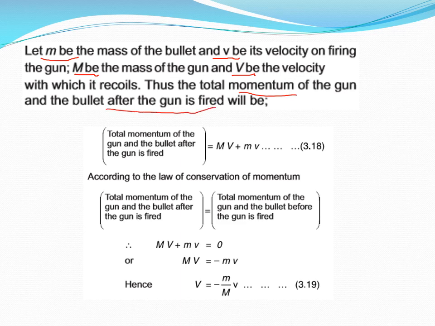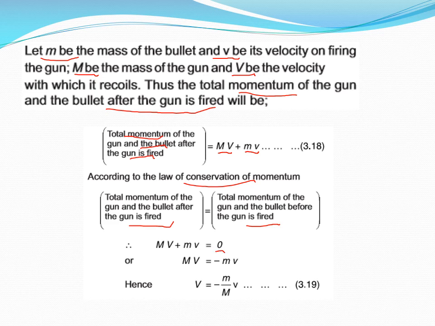Thus the total momentum of the gun and the bullet after the gun is fired will be the following. Here you notice that the total momentum before firing is zero because both were at rest. Now the total momentum after firing is the sum of the momentum of the gun which recoils and the momentum of the bullet which shoots out. According to the law of conservation of momentum, the total momentum after the gun is fired should equal the total momentum before.